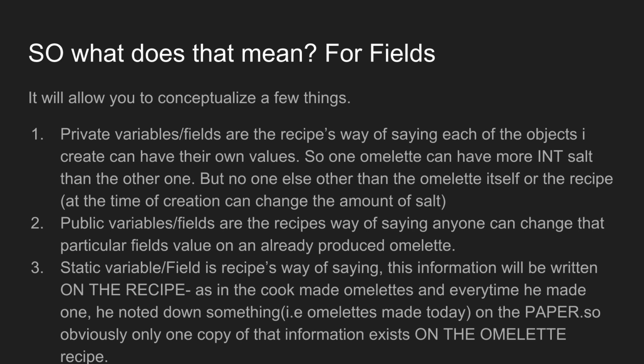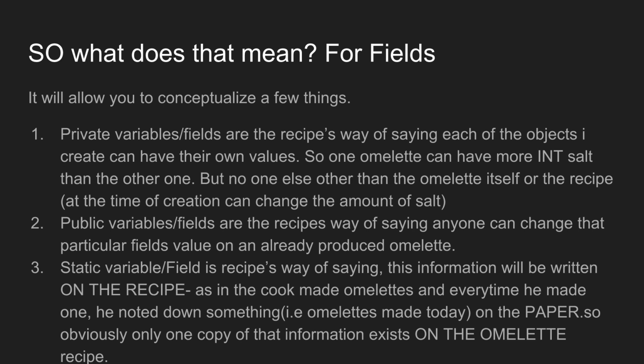So one omelet can have more salt than the other one. Now if you make that variable or field public, technically what you're saying is that for an instance of omelet that has already been produced, you can still change this value on it. So in other words, you can change the amount of salt on an already produced omelet.